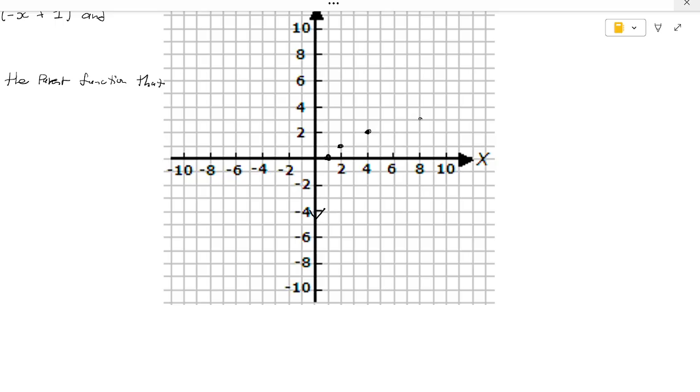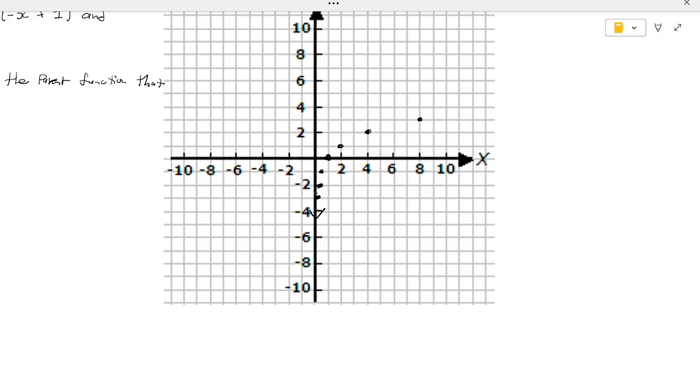For 8, we'll have the point 8, 3. And also, we can have some points from 0 to 1. So if we have the point 1/2, negative 1, that is valid because log base 2 of 1/2 is equal to negative 1. And the point 1/4, negative 2, and the point 1/8, negative 3, if you notice the pattern.